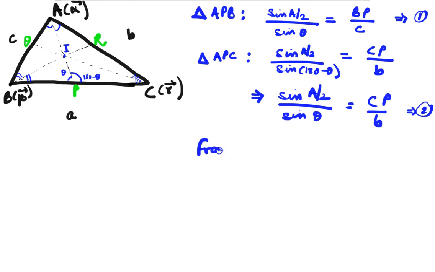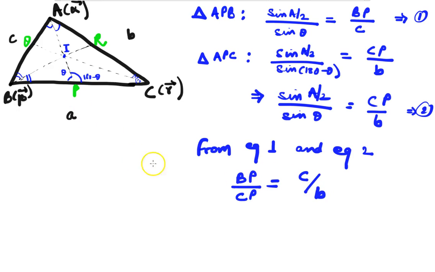So from equation 1 and equation 2, we get BP by CP is C by B.